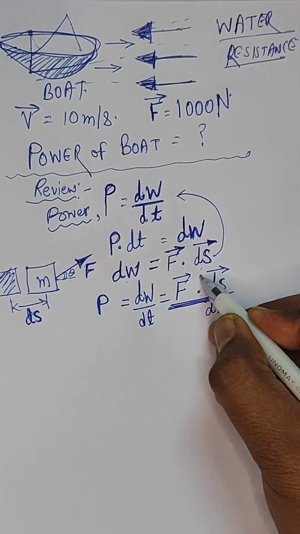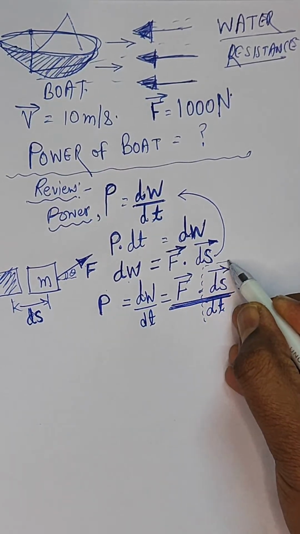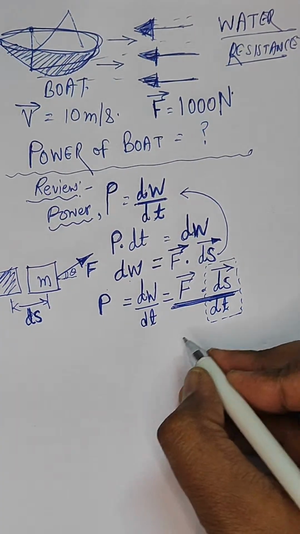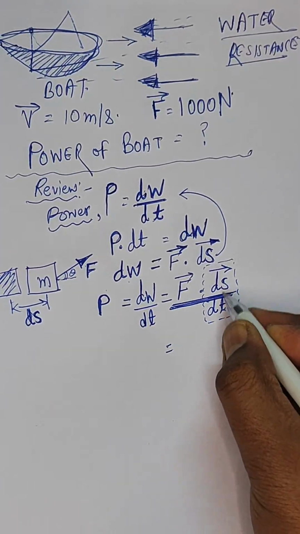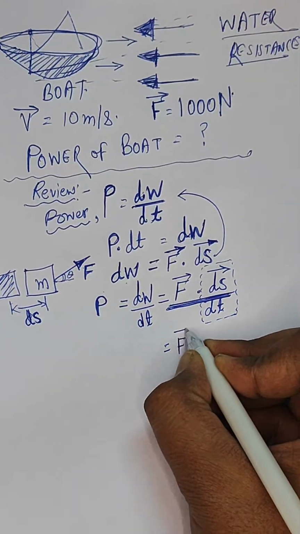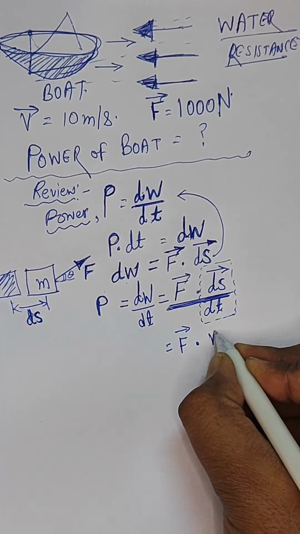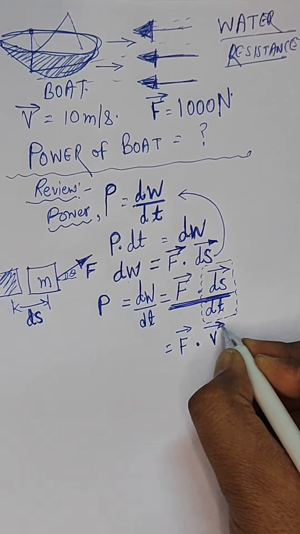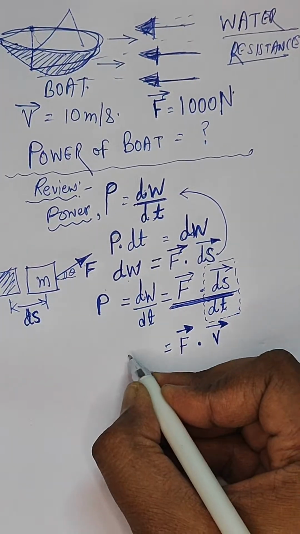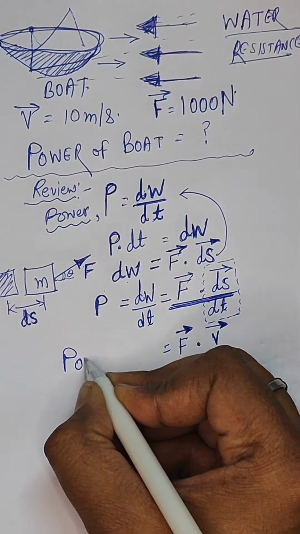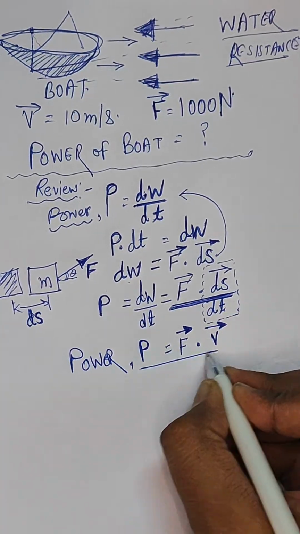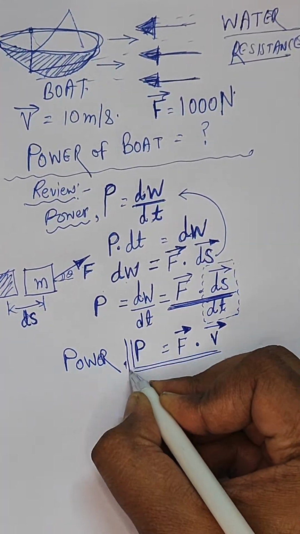My dear friends, we know what is the value of ds by dt. This is nothing but your velocity, displacement by time. So can we write power as the dot product of force and velocity, right? Force and velocity. So this is the derivation which I want to show you, so that you can easily apply it over here, right?